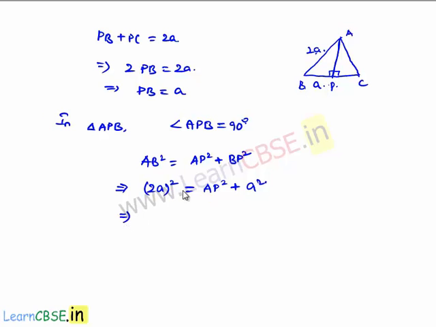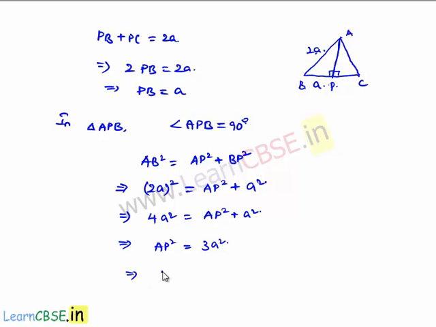That implies 2A whole square, which is 4A square, is equal to AP square plus A square. That implies AP square is equal to 4A square minus A square, which is nothing but 3A square.